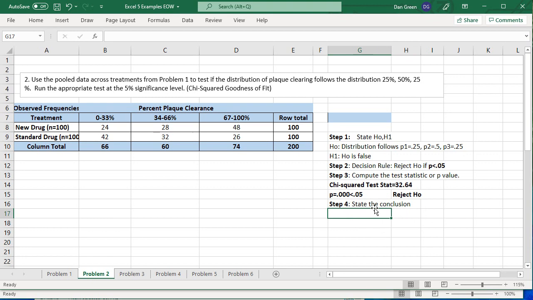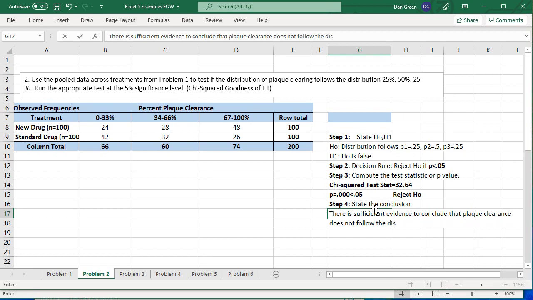So our conclusion would be that there is sufficient evidence to conclude that plaque clearance does not follow the distribution.